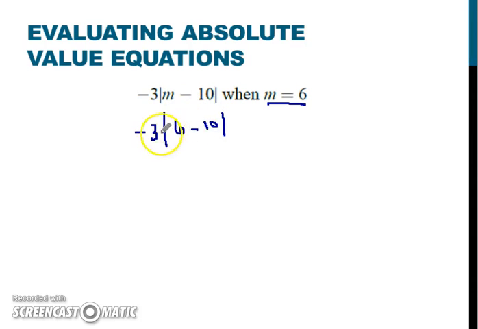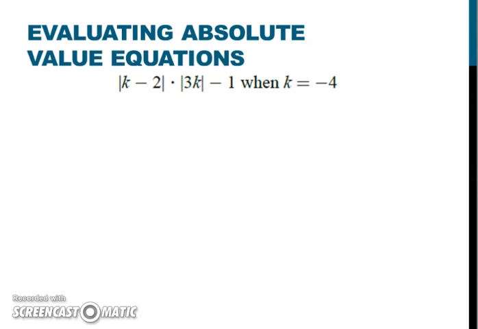It's inside our absolute value. So -3 times 6 minus 10 is -4. But since this is absolute value, this is not -4. It's actually -3 times the absolute value of -4, which is 4, giving us an answer of -12.